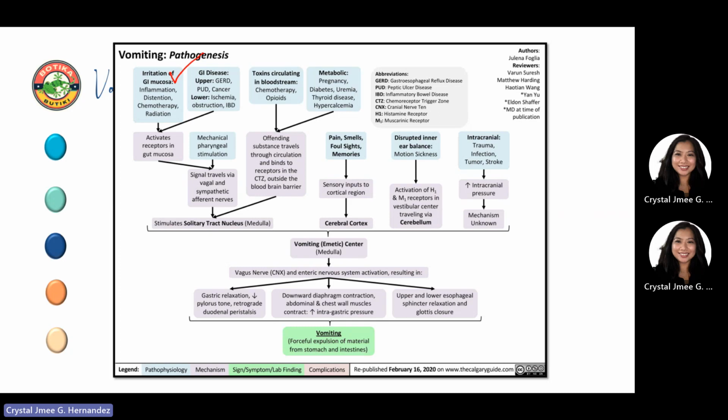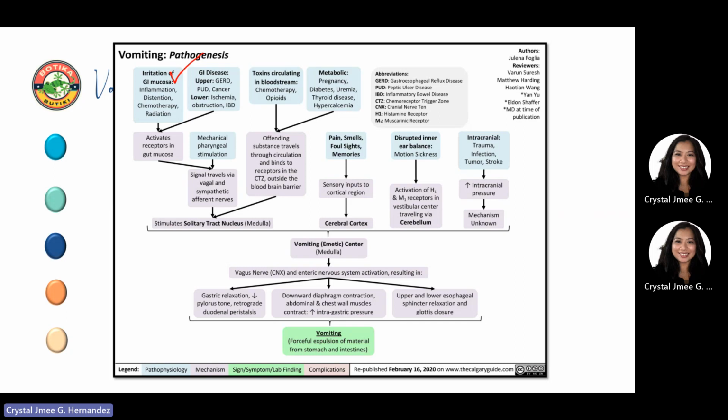Then the vagus nerve and the enteric nervous system activation will lead to the three most common: gastric relaxation, decreasing pylorus tone, retrograde duodenal peristalsis, the downward diaphragm contraction, abdominal and chest wall muscle contraction, which is the retching that we see, and then upper and lower esophageal sphincter relaxation and glottis closure, thus leading to vomiting.